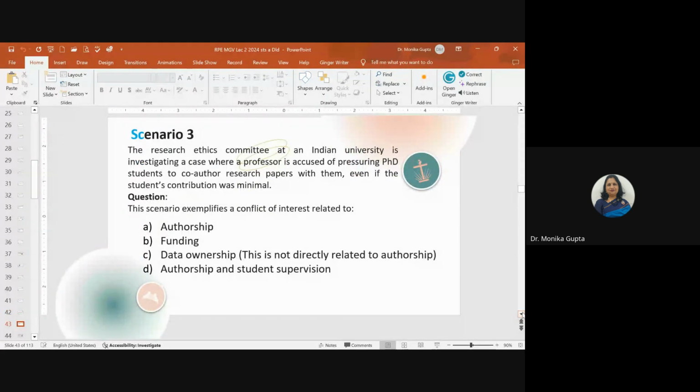The Research Ethics Committee at an Indian university is investigating a case where a professor is accused of pressurizing PhD students to co-author research papers with them, even if the student's contribution was minimal. So the scenario exemplifies conflict of interest related to authorship, funding, data ownership, or authorship and student supervision.